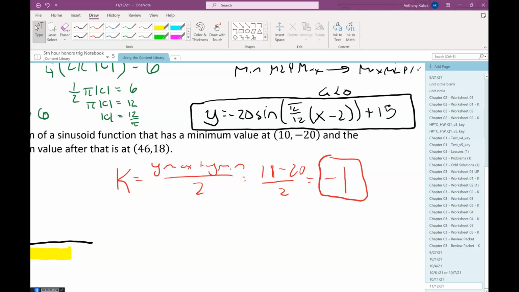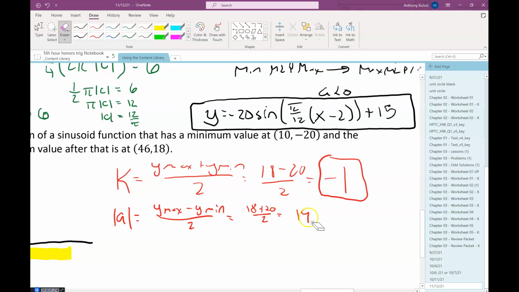It's just the midpoint between those two y coordinates. It's just the average, so you just add them up. The amplitude is half the distance between the max and the min. So that's going to be y max minus y min divided by 2. So it's going to be 19.